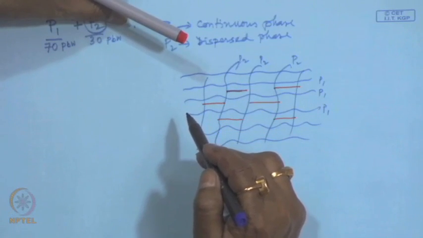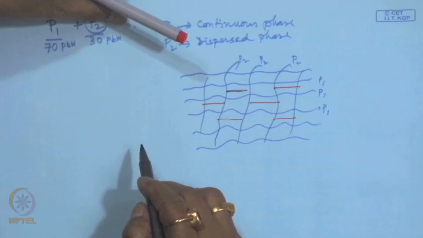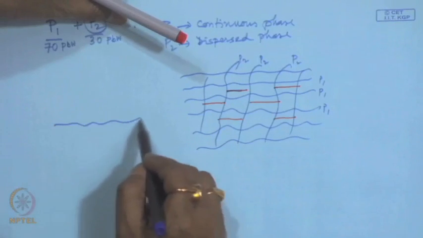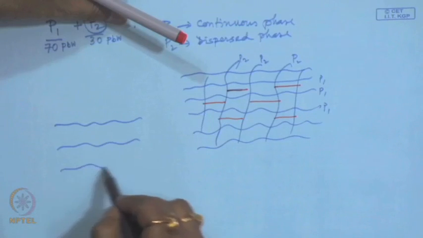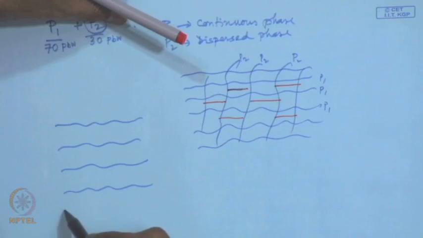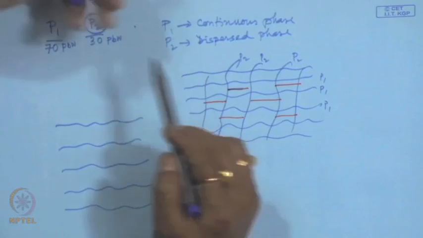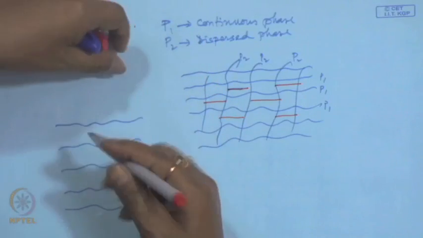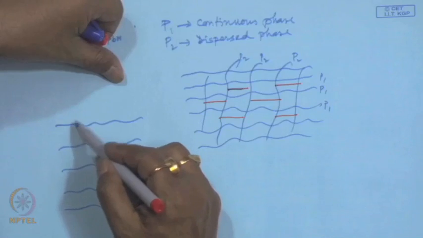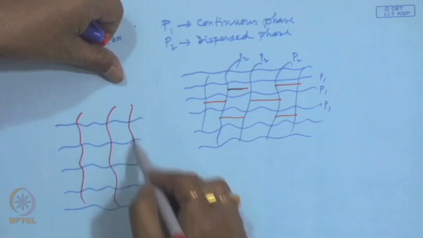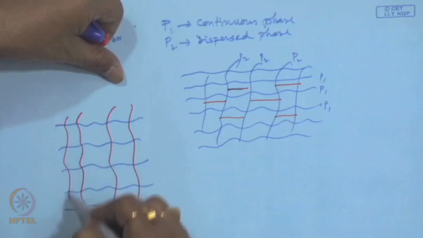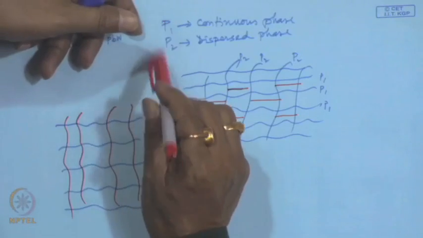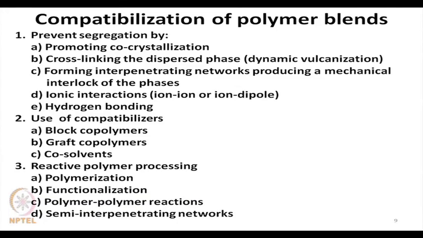So, this interpenetrating network, IPN, I will discuss later, means we can have a network of one polymer system in which we can grow another network by polymerizing a second monomer in this. So, it will form an interpenetrating network like this. That is also another way of compatibilizing the two components.